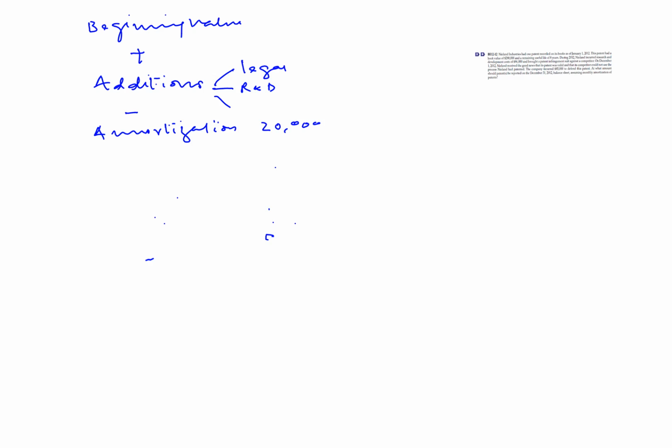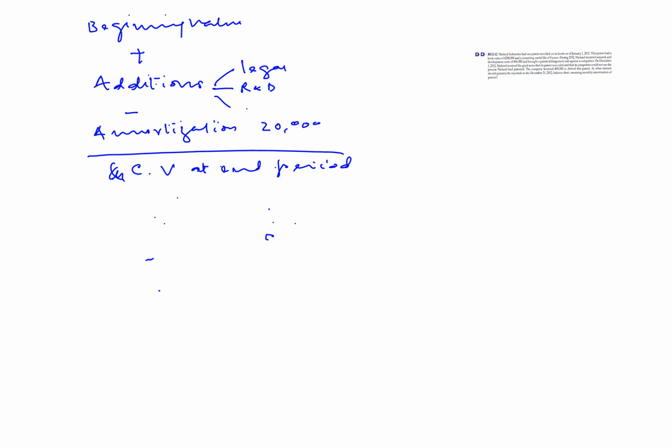We might end up acquiring a competitor's patent just to safeguard our existing patent. So this is also reported as an addition. After this, the net value that we come across is the carrying value at the end of the period. So this is something that you should expect to be tested on.